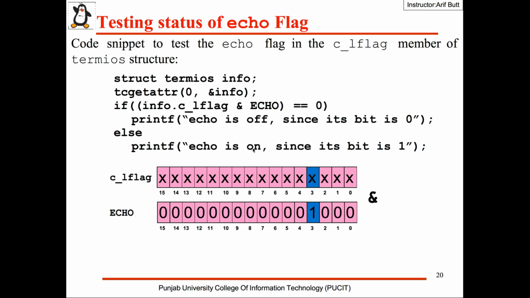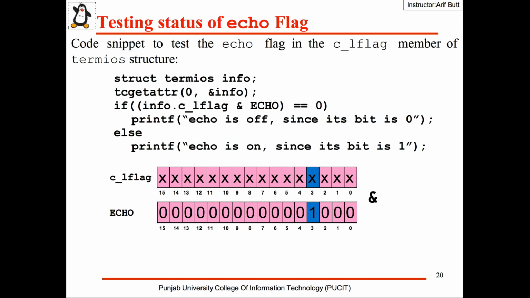Well, I have given this code on the Bitbucket account. You can see it, run it. I am not running it. I hope in the same fashion you can test any of the bits of any of the flags of the termios structure.